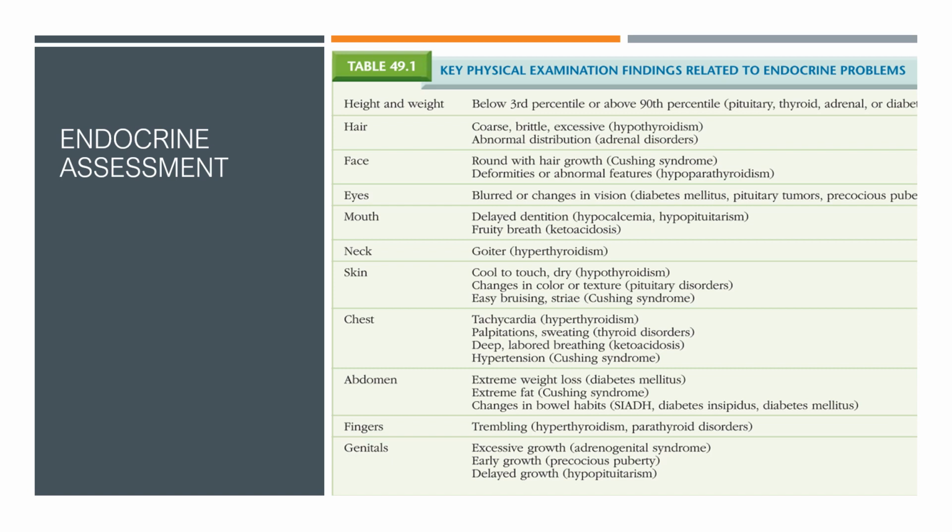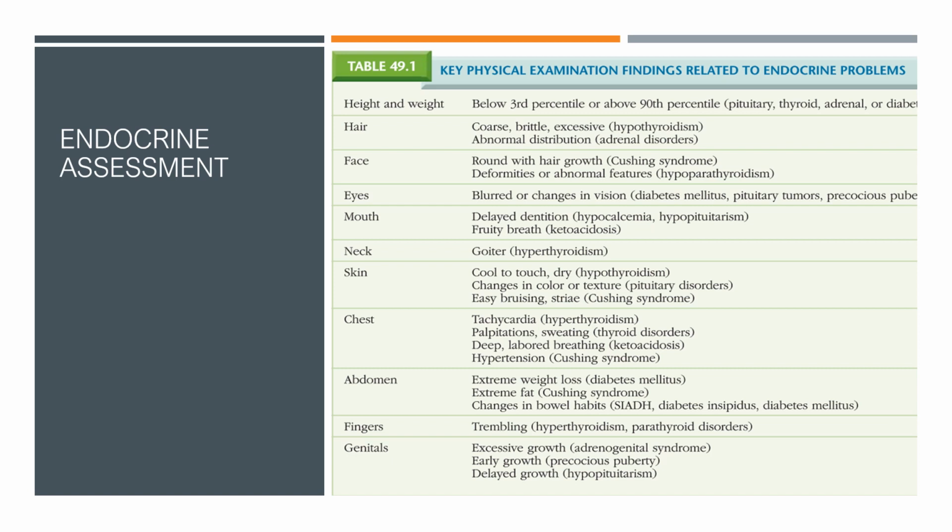Hyperthyroidism and thyroid disorders overall are going to cause tachycardia, palpitations, and sweating. With ketoacidosis, we're going to see deep, labored breathing like we do in Kussmaul's. Cushing syndromes cause hypertension. There are going to be issues in bowel habits, even related to diabetes, SIADH, and diabetes insipidus.